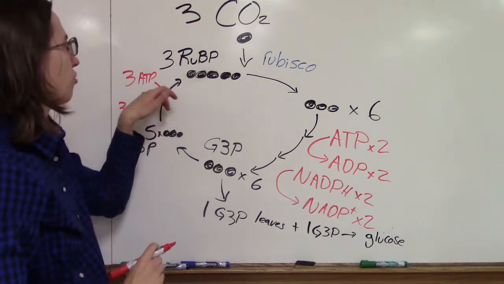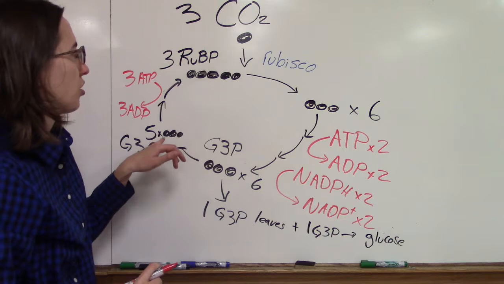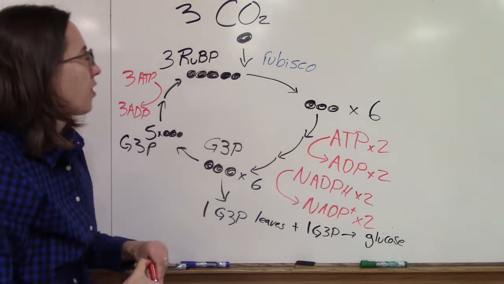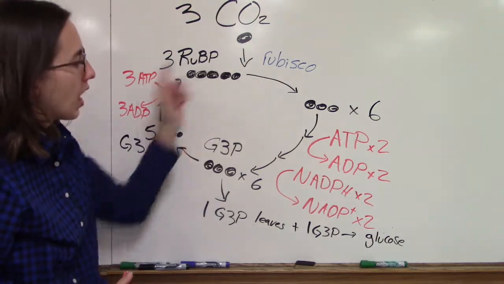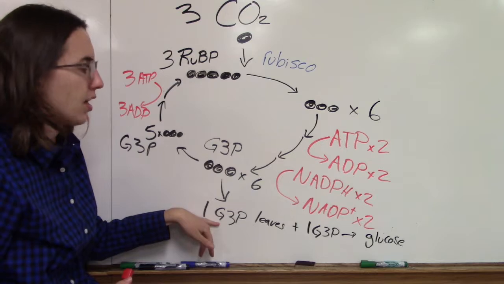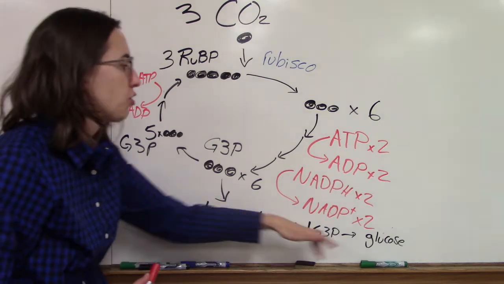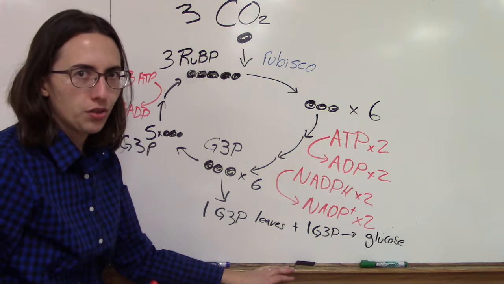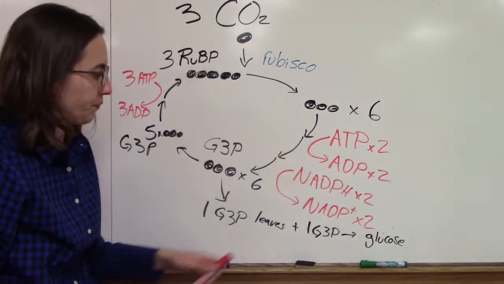So it requires 3 ATPs to create 3 RUBPs back. And now what have we done? The cycle turns 3 times to make 1 G3P, 3 more times to make a second G3P. Those 2 G3Ps join together and make glucose. Phew.